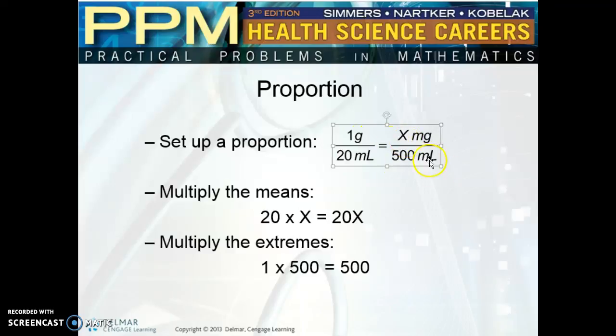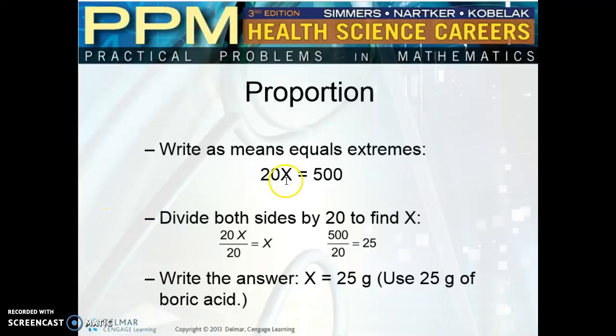So when you see the uploaded slides, it'll look a little bit different than what you're seeing in the video. So this should say grams. So how many grams out of 500 milliliters when we know there's 1 gram in 20? They did the cross multiplication. So 20x equals 500. And then dividing both sides by 20, you're going to get 25 grams of boric acid.